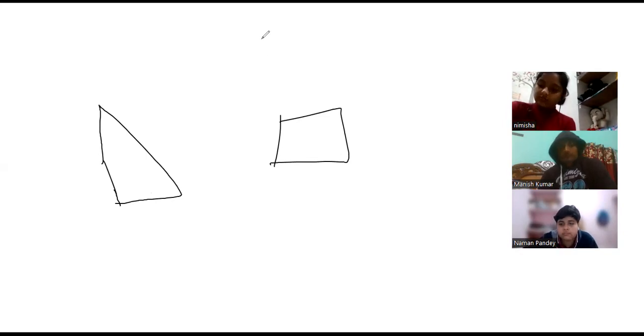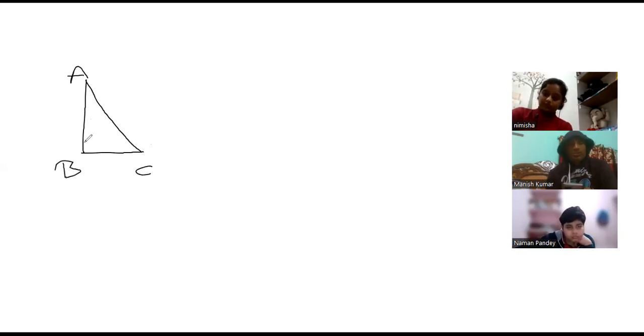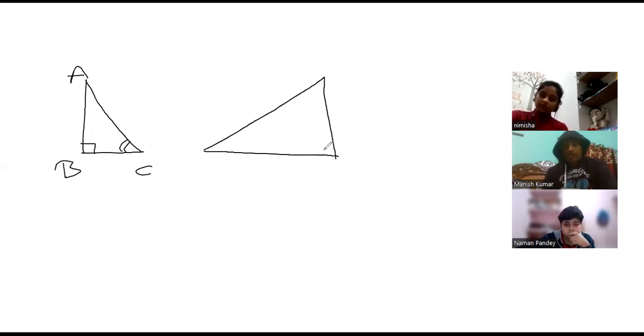Okay, sir. Next question. There are two triangles given. This one is A, the vertex, this one is B, and this one is C. This is 90 degrees, and this angle has been given. Then there is one more triangle here, and this one is 90 degrees.